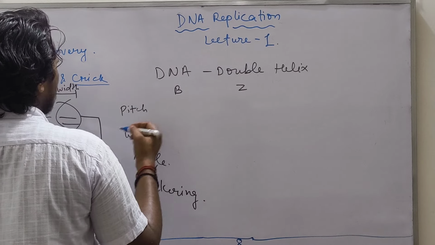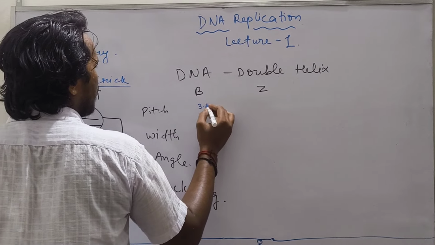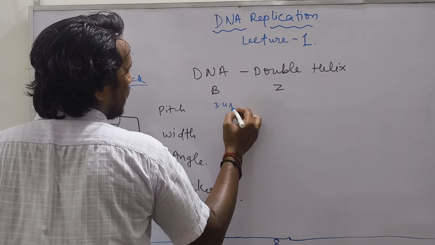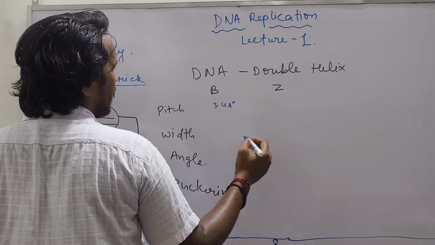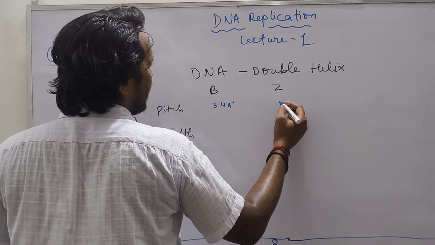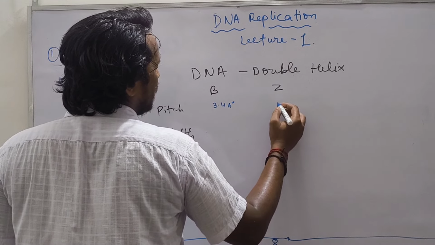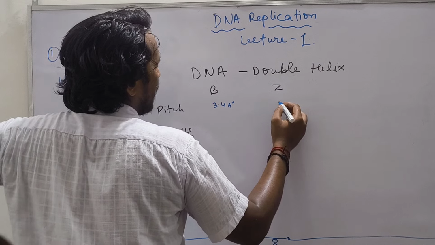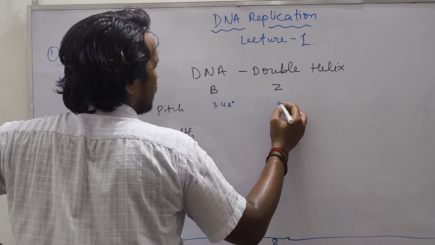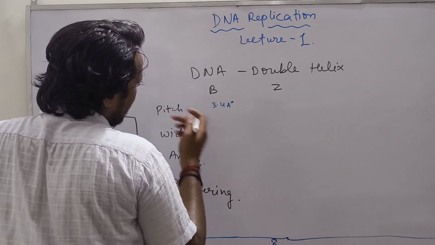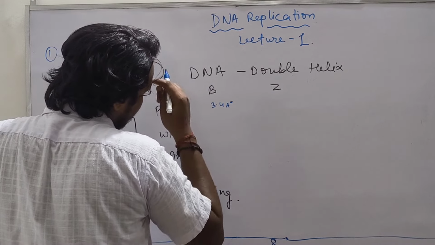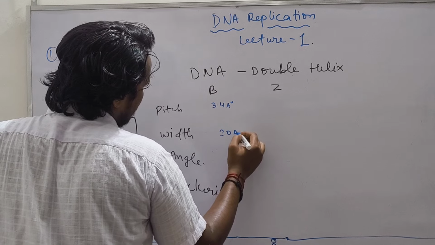In B-DNA, the pitch is about 3.4, and in Z-DNA it is more than 3.4, and this width is 20 angstrom.